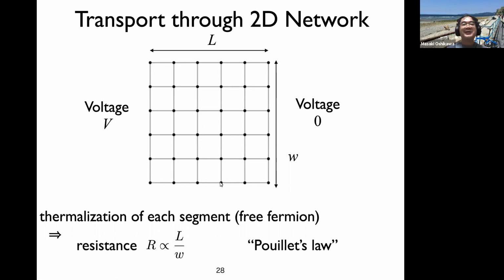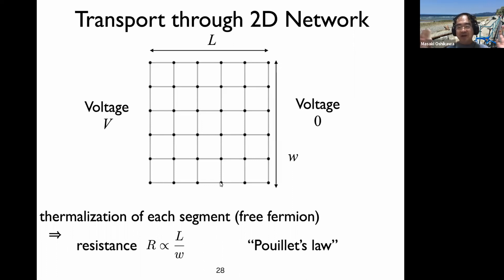But okay, so this setting we are using is okay. We started from a quantum mechanical scattering problem, but this network is in a sense classical because we introduced summarization within each segment. So the electron loses coherence within each segment. Under this assumption of summarization, the transport of the electron becomes diffusive. That's why we obtain the classical transport property.